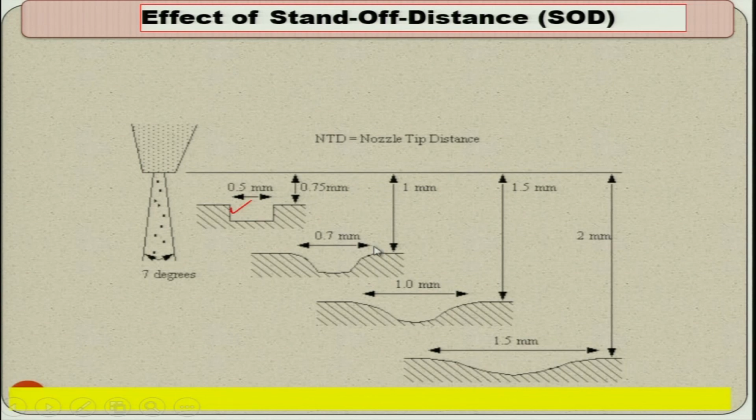But as the nozzle tip distance increases, as you can see here at 1 millimeter, the shape and size of the cavity has changed. It has expanded at the top, and if you further increase to 1.5 millimeter or 2 millimeter, you can clearly see the characteristics of this cavity have completely changed as compared to the first cavity at 0.75 millimeter. So, depending upon your requirements, you can select the nozzle tip distance or stand-off distance.